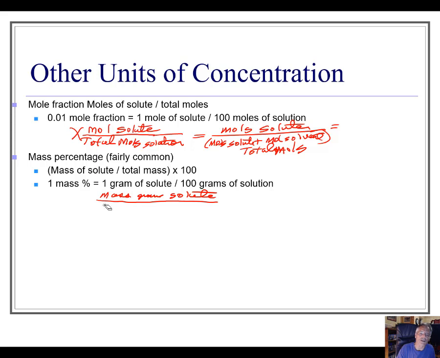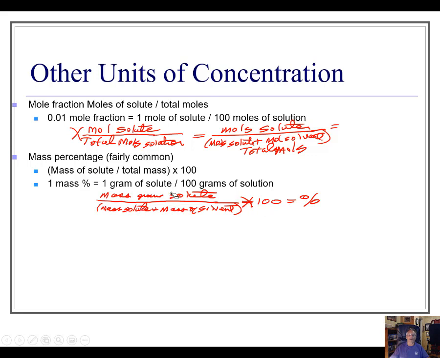And if it's the total mass of the solution, it's the mass of the solute plus the mass of solvent. And once you get that, you just multiply that times 100 because you want it in percentage. Okay? So it's the same idea with the mole fraction, only you're multiplying by 100 and it's in mass, and it's all in grams.